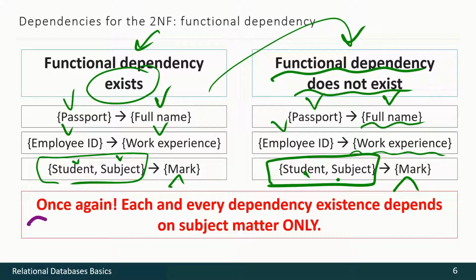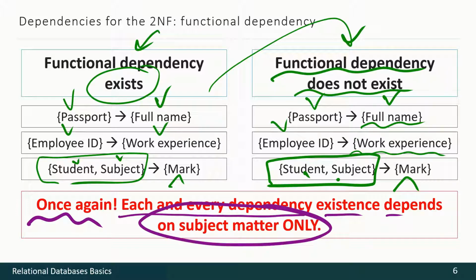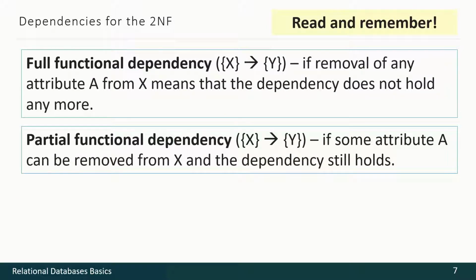exam. So once again, each and every dependency's existence depends on subject matter only. With these subject matter rules, dependency exists. With these subject matter rules, the dependency does not exist. There are several kinds of functional dependency, like full and partial.